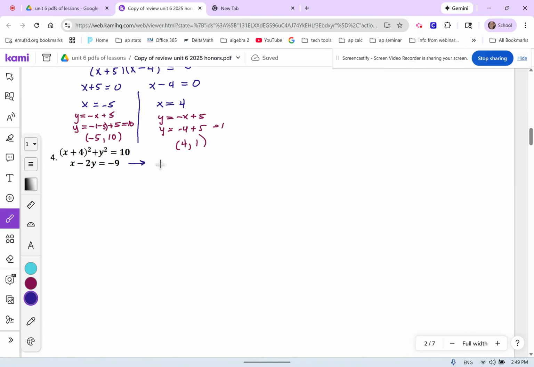Instead, I'm going to take this second equation and I'm going to isolate x. So I'm going to add 2y to both sides, so my second equation becomes x equals 2y minus 9. Again, it just makes the algebra a little faster. Okay, so now I'm going to replace x by 2y minus 9.